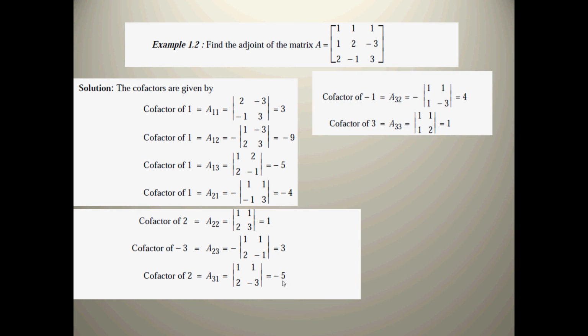Similarly, the cofactor of minus 1, A32, third row, second column, this minus 1. So leave this column, leave this row: 1, 1, 1, minus 3. This negative symbol should be there outside. So minus 3, minus 1, minus 4. Because of this negative, it becomes plus 4. Similarly, for A33, for this 3, you will have the value turning out to be 1.